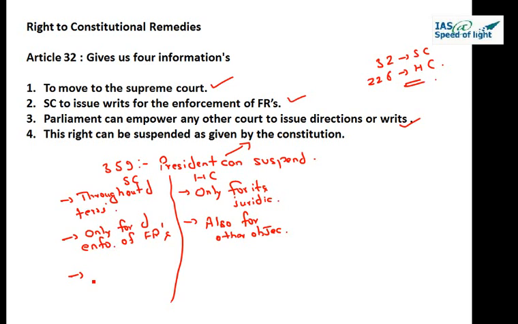This particular right, Article 32, the right to constitutional remedies, is in itself a fundamental right. So it becomes mandatory for the Supreme Court to use the power of writs for the enforcement of the fundamental rights of people, while for High Courts, this becomes discretionary.